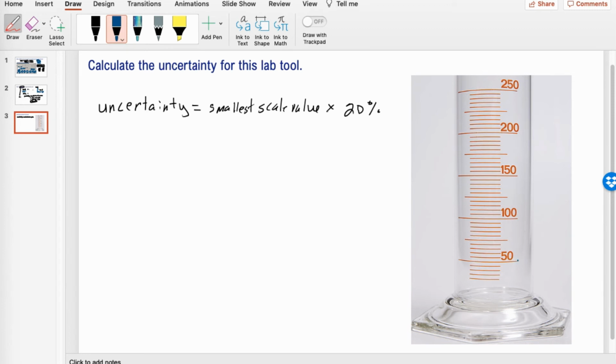If this line here is 50 and this line here is 100, you could easily see that this is 75. Also to compare, if this is 100 and this is 150, this is the halfway mark. Obviously, this would be 125. If this is 200, this is 150, this is obviously 175, and so on.